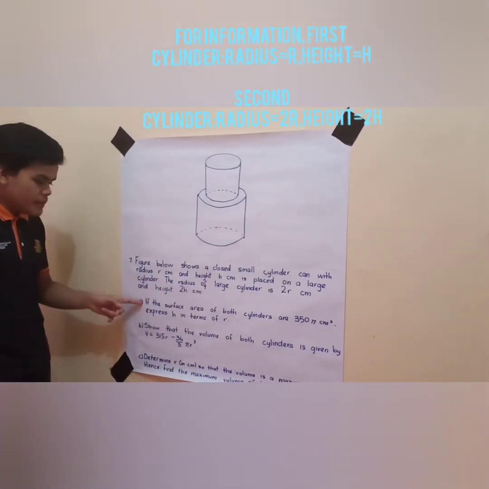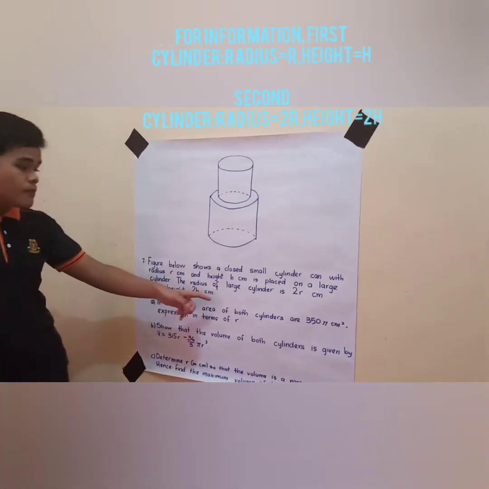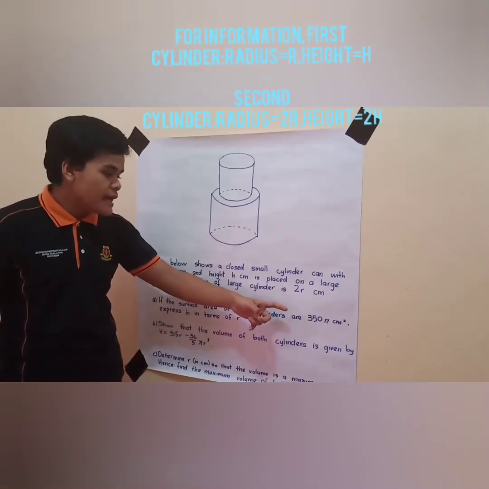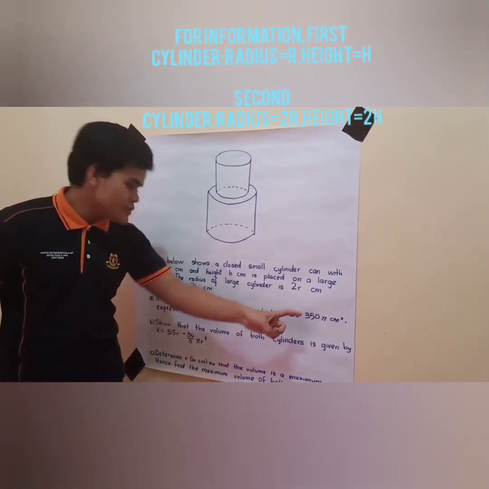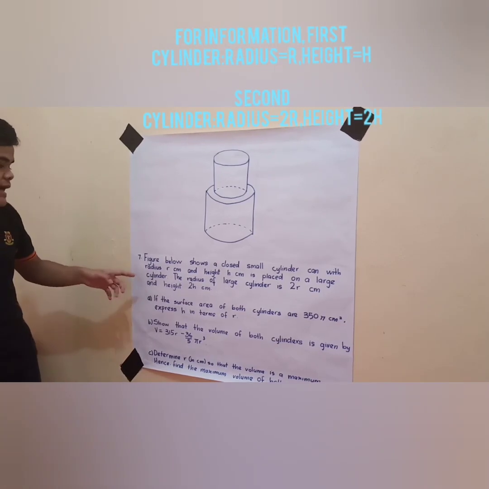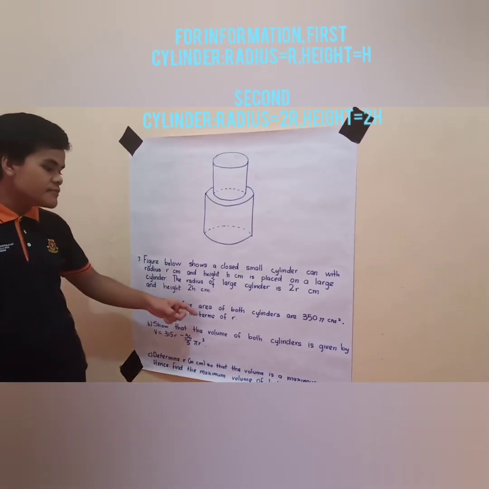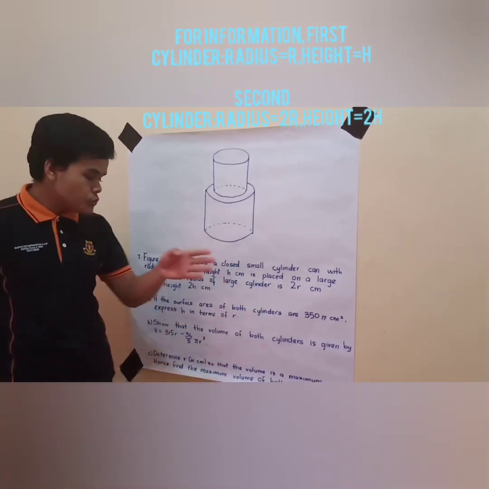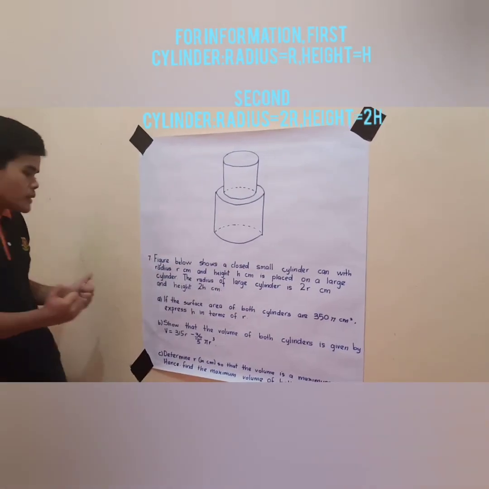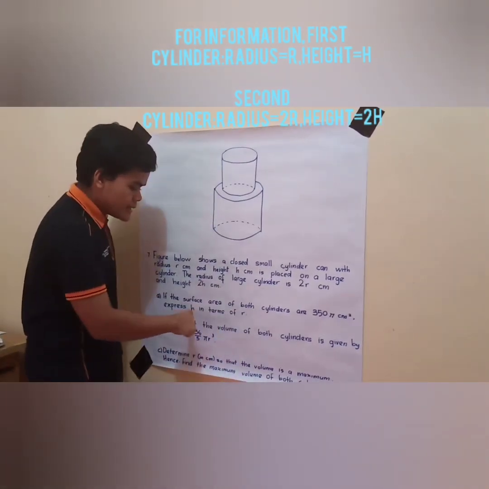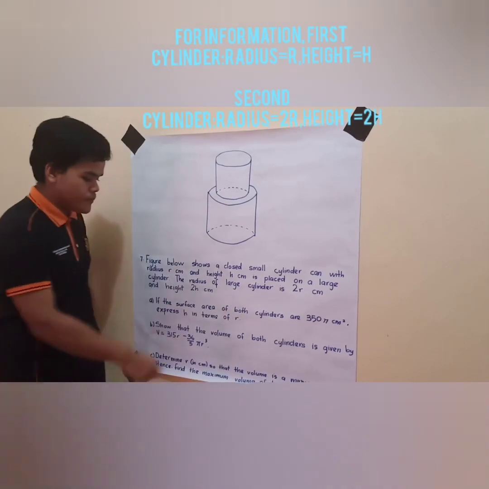So A: if the surface area of both cylinders is 315 pi cm squared, express h in terms of r.